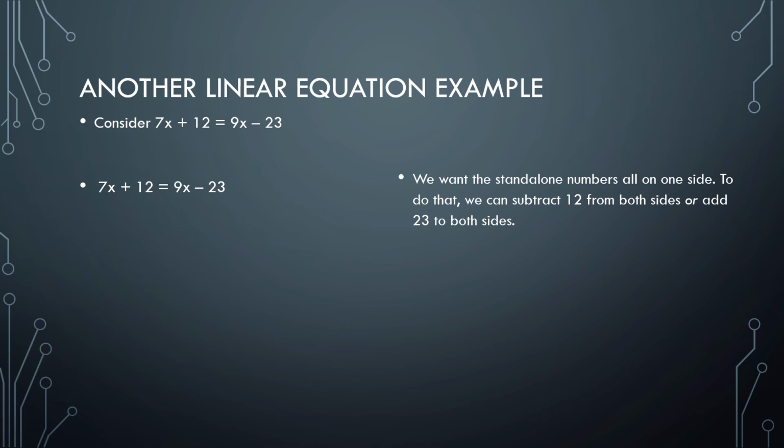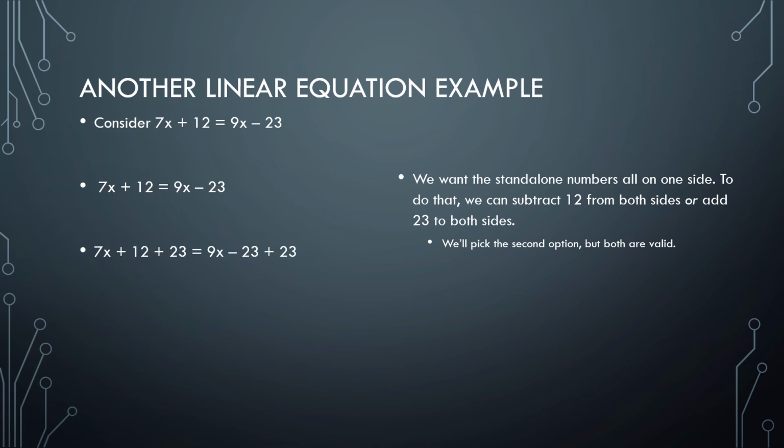And doing either of those things will result in the standalone numbers only being on one side of the equation. And then we can put the variables onto the other one. In this case, I'm going to add 23 to both sides, but there's nothing that says that you have to pick this option. You're perfectly allowed to subtract 12 from both sides, and you'll end up getting the same answer.